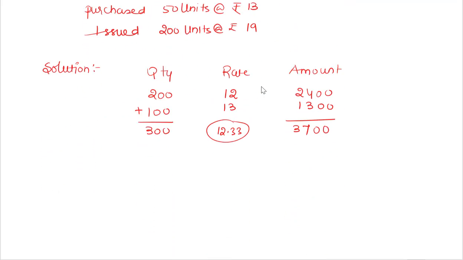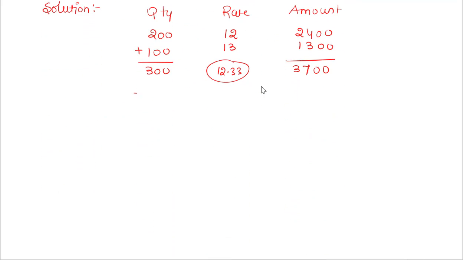So we have to issue these 50 units at 12.33. So 300 minus 50, we got 250 at 12.33. 250 multiplied by 12.33, the total is 3082.